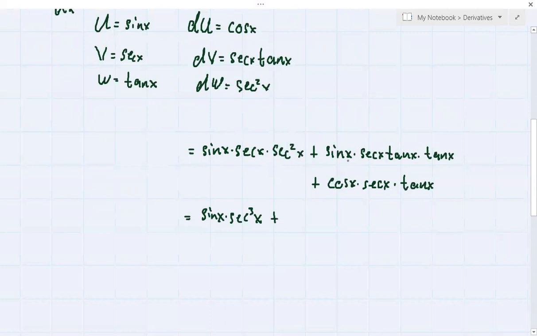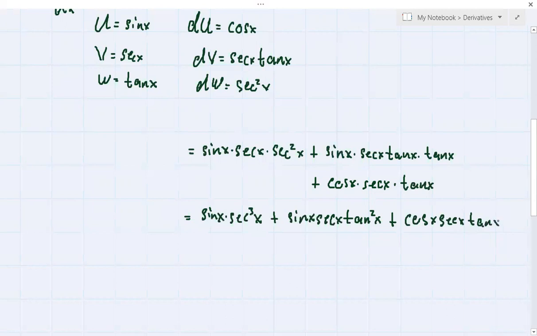Plus, ito, sin x times secant x times tangent x times tangent x, magiging ano to? Sin x times secant x times the square of tangent x, or tangent squared of x. Plus, sa huli, cosine x times secant x times tangent x, magiging cosine x times secant x times tangent x lang to.